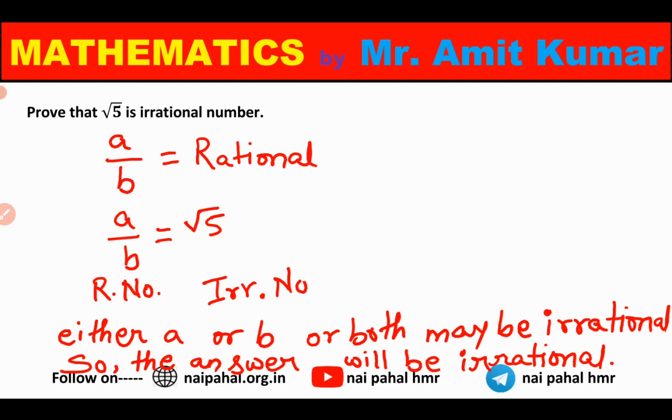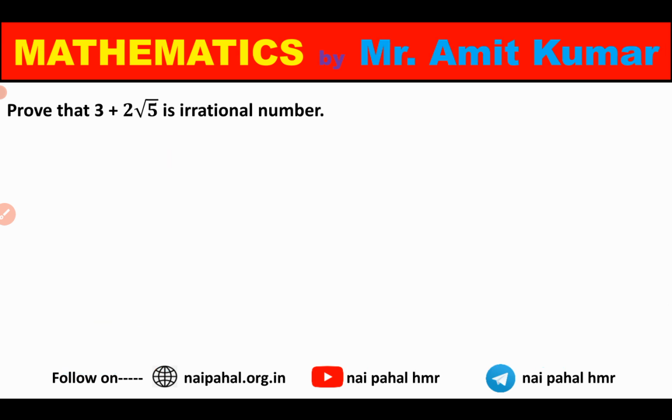Let's move on to the next question. Prove that 3 plus 2 root 5 is an irrational number. Assume this as a rational number.